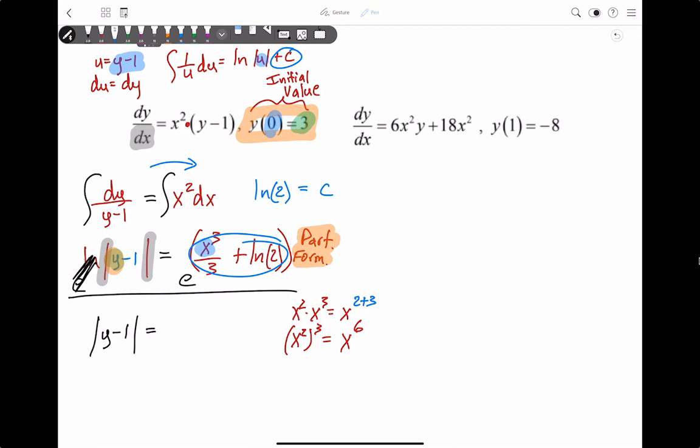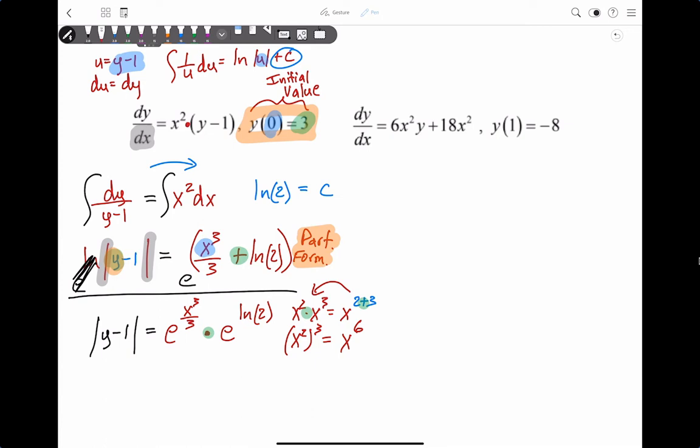In the power, we see addition occurring. So if I wanted to break it up and go backwards into 2 separate monomials glued together with multiplication, I'm going to have e to the power of x cubed over 3 times, again, times, because this was addition, it'll go to times, e to the power of natural log of 2.